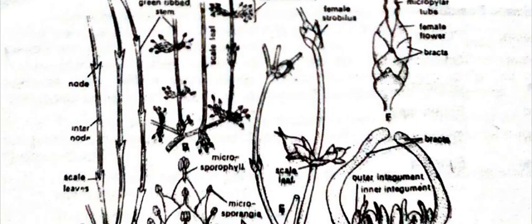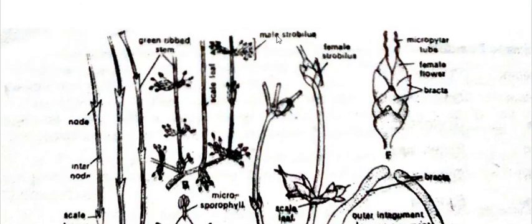In this diagram, we can see the branches on which the male strobili are produced, male cones are produced.